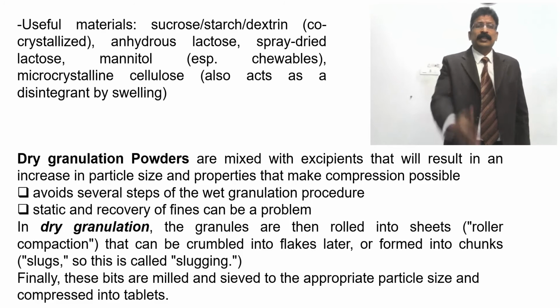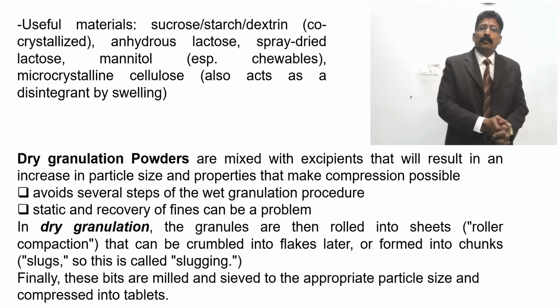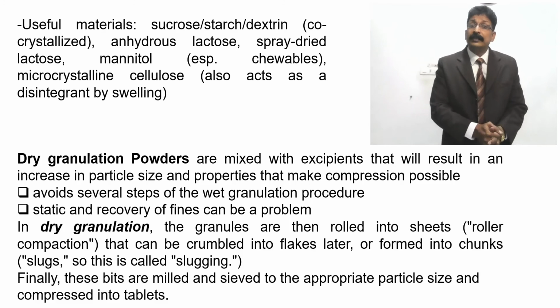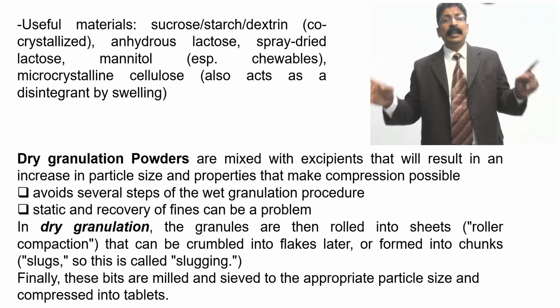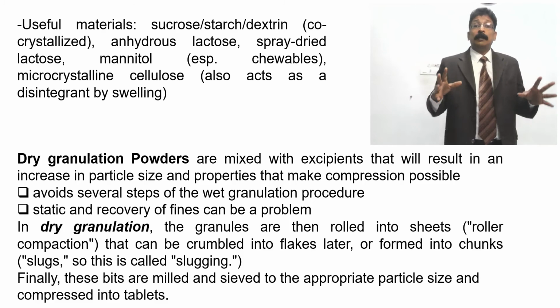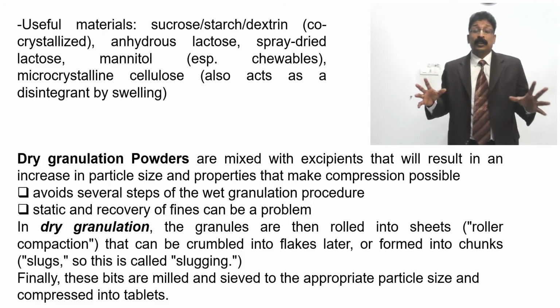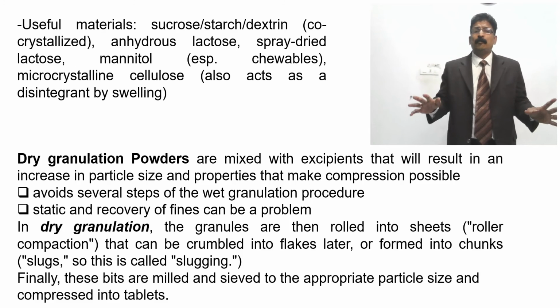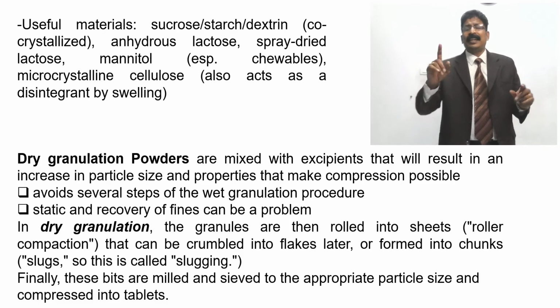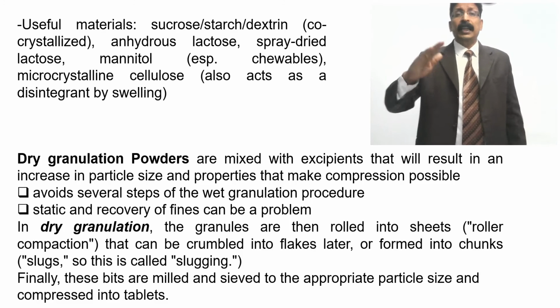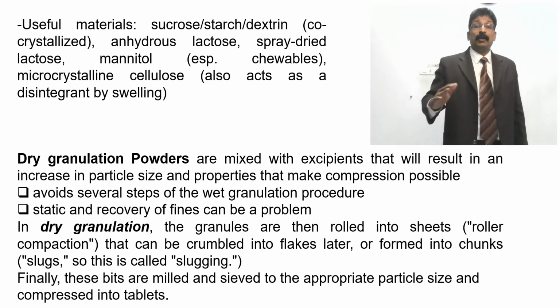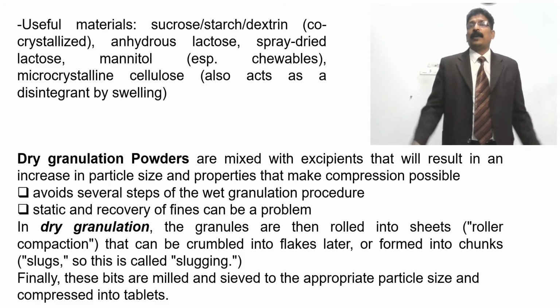So you see here, the dry granule powder is mixed with excipients, which results in an increase in particle size and the property that makes compression possible. It avoids several steps of the wet granulation procedure. In dry granulation, there are also very few procedures. Static and recovery of fines can be a problem because fines will be more here.